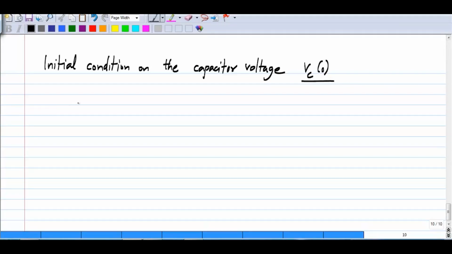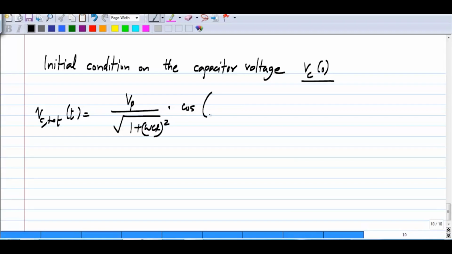Now we know that the total response is the particular solution, there is a unique particular solution of course, Vp by square root of 1 plus (omega CR) squared, cos(omega t plus phi minus tan inverse omega CR), plus the scaled version of the natural response. V0 is unknown yet.